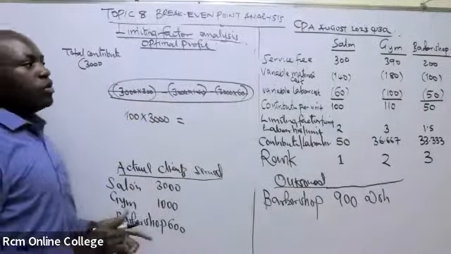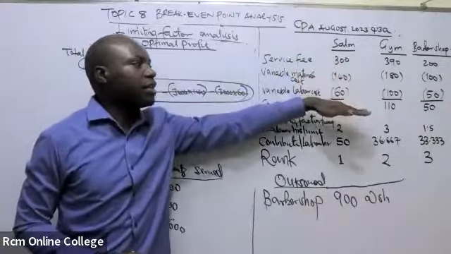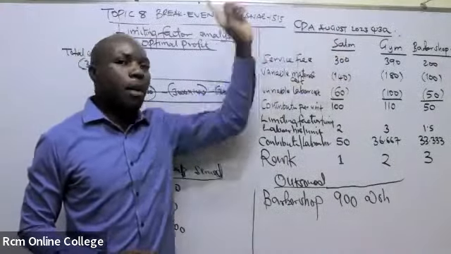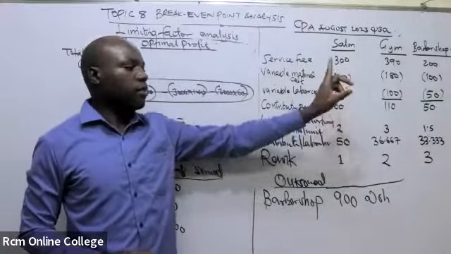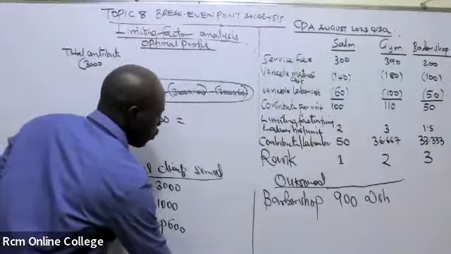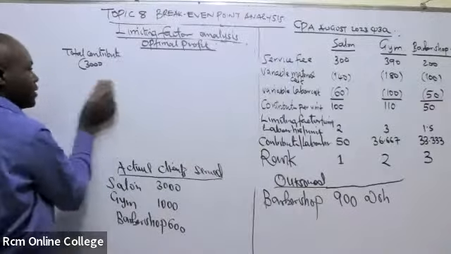That is why, when you are doing what we call limiting factor analysis, arrange your work in this particular order. Have the selling price or service fee per unit, variable cost per unit, contribution per unit. So that when you are told to give the optimal profit, you don't have to go back and calculate the variable expenses.